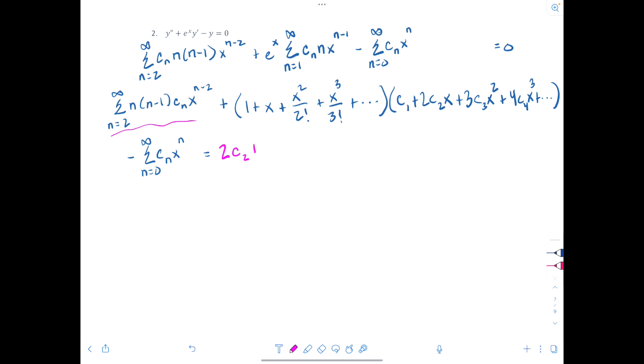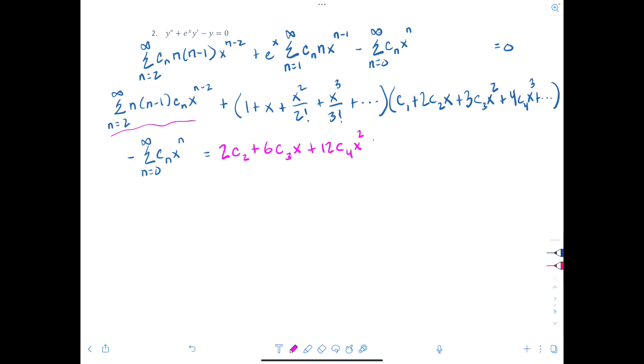Plus, when n is 3, we'll have 6c3 x. When n is 4, we'll have plus 12c4 x squared.